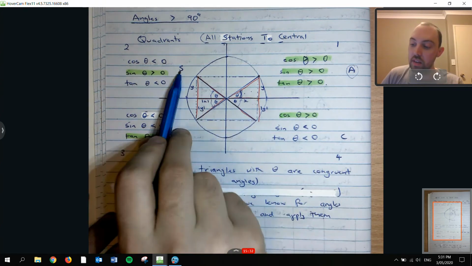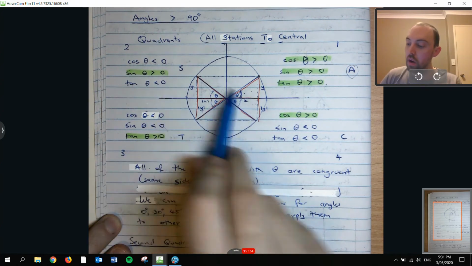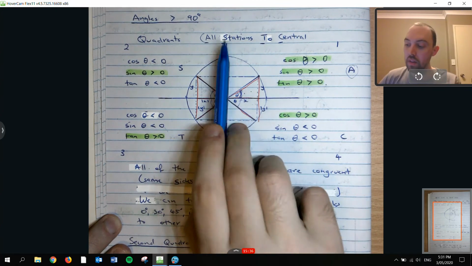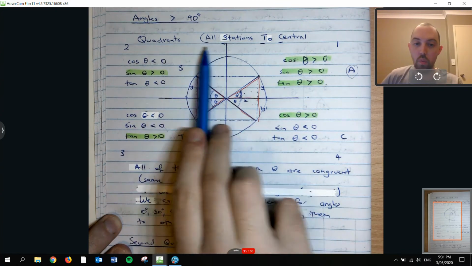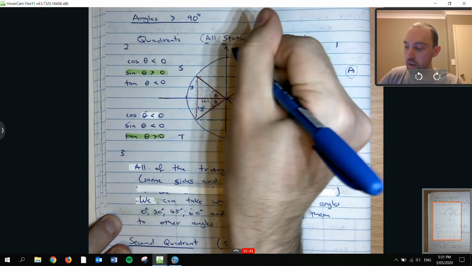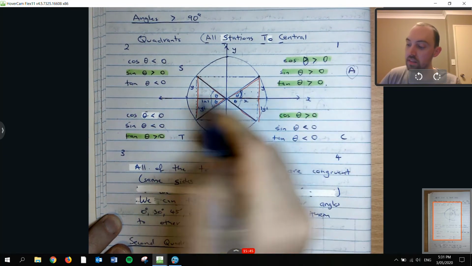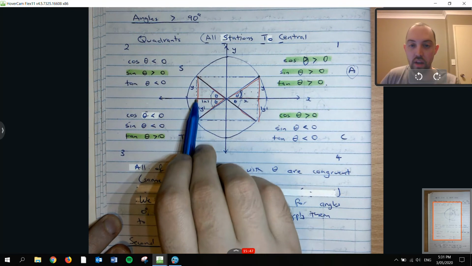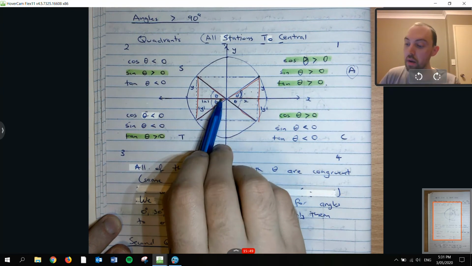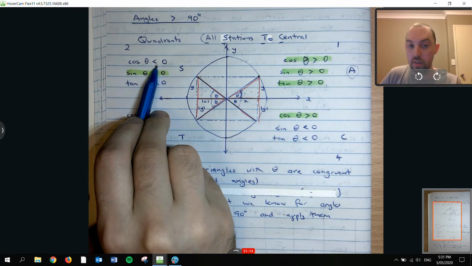In the second quadrant, we are now on the left-hand side of the y-axis. If we're left of the y-axis, then our x values are now negative. Same width, but cos is negative, cos being the x.